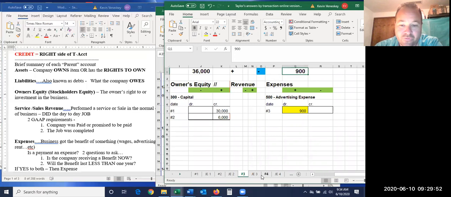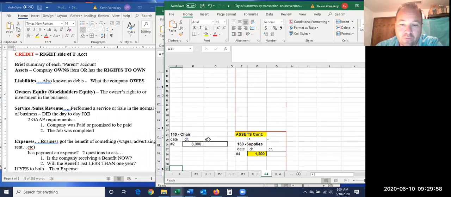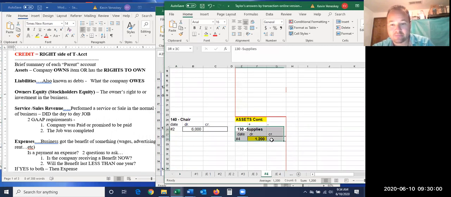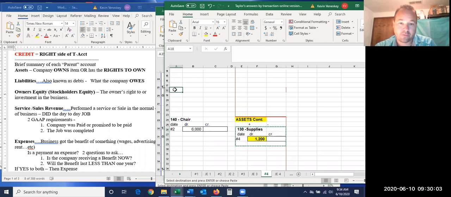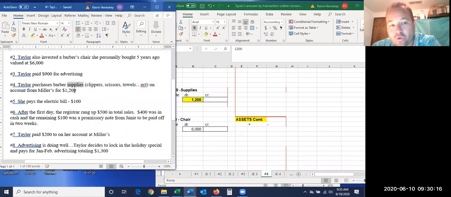Okay, let's go to our answers for number 4. What did we get? We got supplies. Our supplies, number 4, went up 1,200. And then the credit question is, how did I get it? Well, on this one, I didn't pay cash. It says I bought it on account from Miller, meaning they will send me a bill in the next couple of weeks.